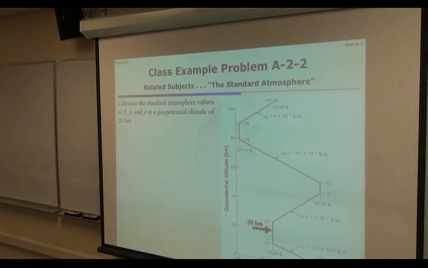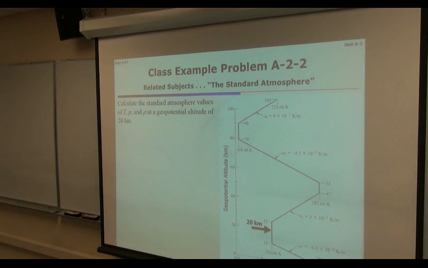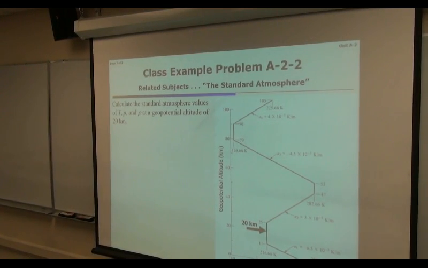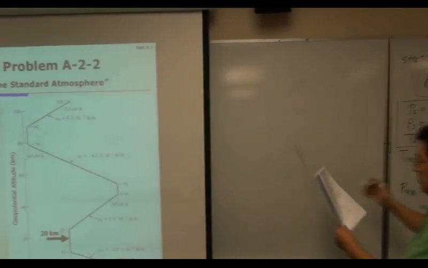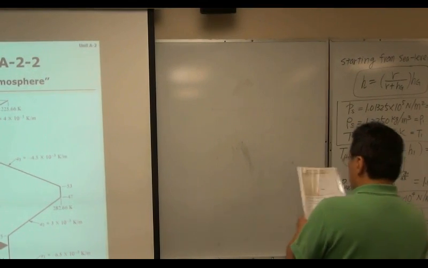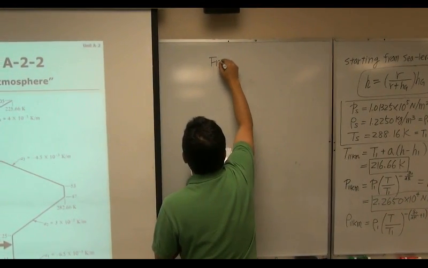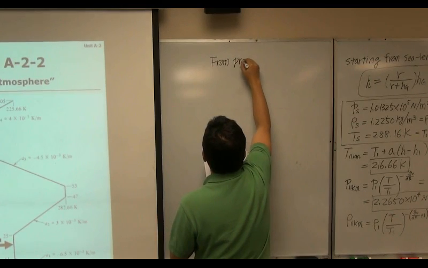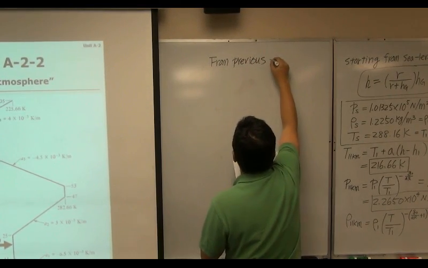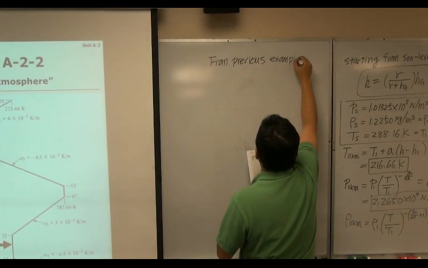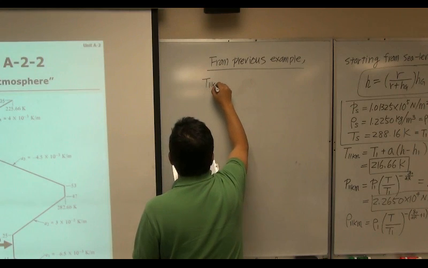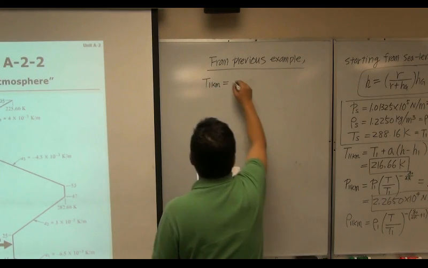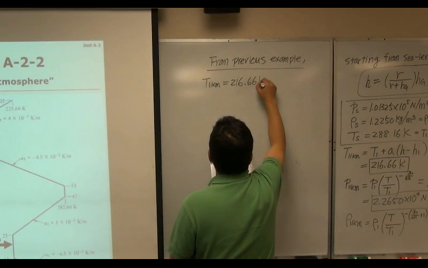Let's do it. Okay, so let's find out. From the previous example, we do know temperature at 11 kilometers is equal to 216.66 Kelvin.